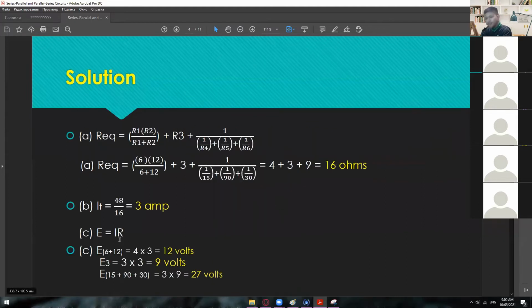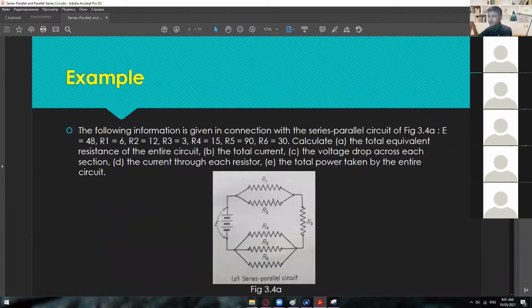Anyway, so in here, we have the formula for the voltage drop wherein E is equal to I times R. Okay? So, since section lang yung kinukuha natin, we have to get the resistance of that specific section only, okay, or the summation of that specific section resistance. Like, for example, in here, R1 is equal to 6 ohms, and then R2 is equal to 12 ohms.